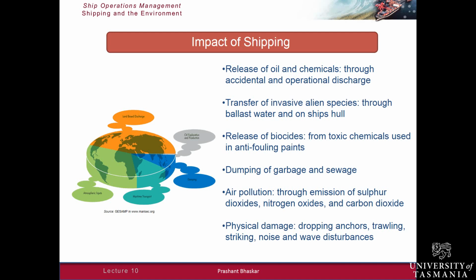And then ships, particularly bulk carriers, transfer invasive alien species, because they bring water to one place from somewhere else as part of the ballast. Ships use toxic chemicals, and toxic chemicals are used in the underwater part of the ship, and that's to prevent fouling.